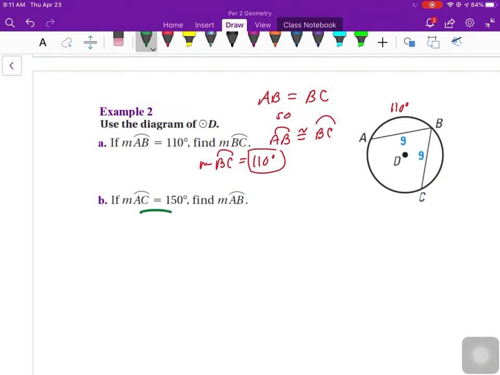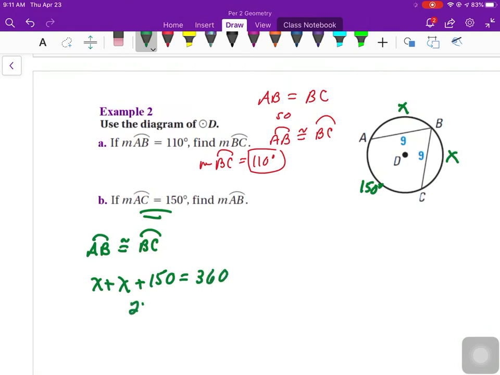Now, if they tell us that the measure of arc AC is 150, I know that both of the other arcs are congruent. I know that arc AB is congruent to arc BC. So if I call those x, then x plus x plus 150 has to add up to the full circle.